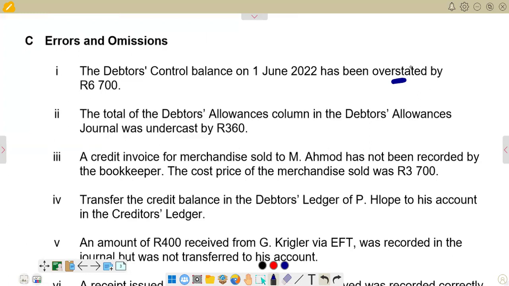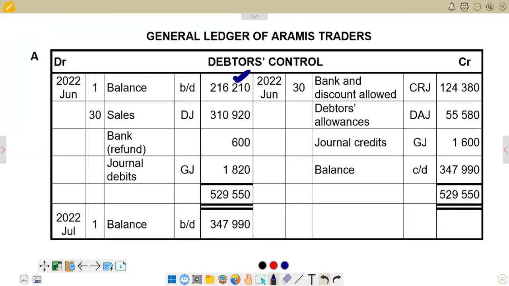So we have to reduce the amount so that it goes back to its correct amount. This 6,700, we are going to subtract from the opening balance that we are given in the question. The opening balance we are given is 216,210. So we are going to subtract that 6,700 from this figure, then we get the correct figure.